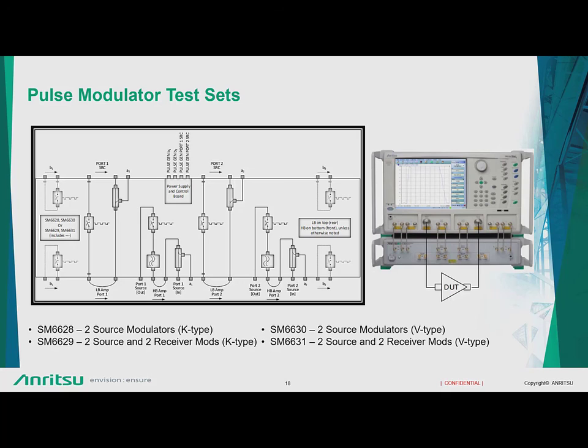As you can see on the left, SM662 has two source modulators, but the other model, which is also covering up to 40 gigahertz, has two source and two receiver modulators as well, because sometimes, say in pulsed antenna applications wherein the transmit and receive antennas are very closely spaced, you need to gate out the response of the receiver of the second one by a certain extent. So that's why you may need a receiver modulator for that particular antenna to do the receiver gating. And the same thing happens for 70 gigahertz as well.